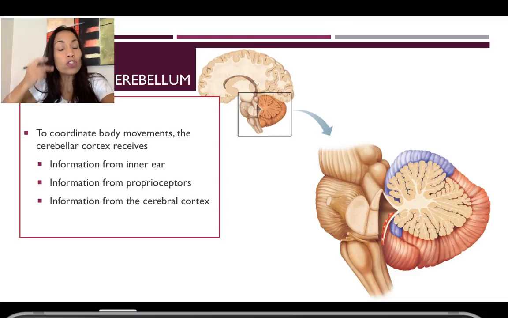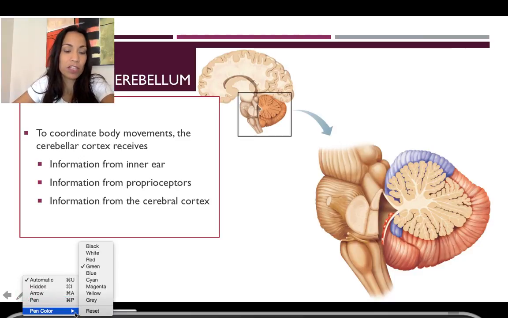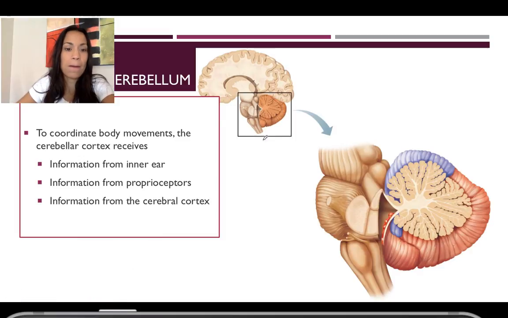Okay, so to do that, the cerebellum receives sensory information, right? So from where? From the ear, I have to learn how to draw an ear, but that looks like a fetus, but that's an ear. And right here in the inner ear, remember that we have the organs that keep our balance and equilibrium.